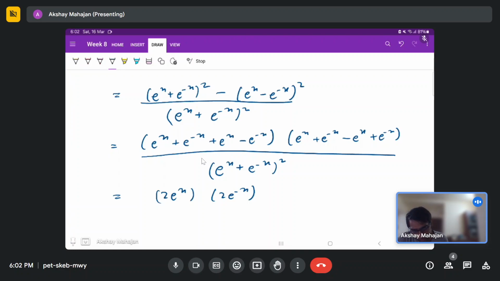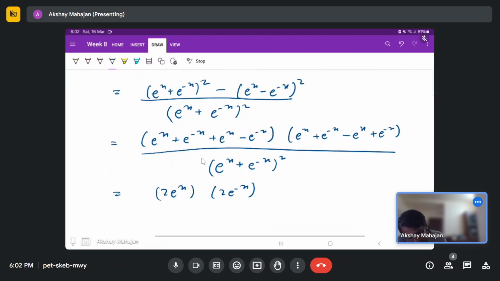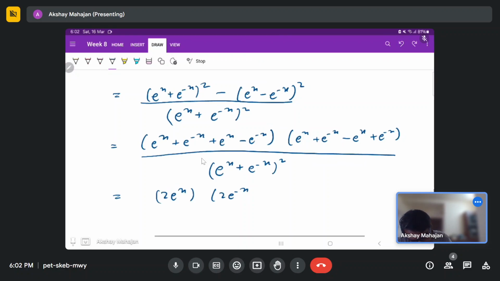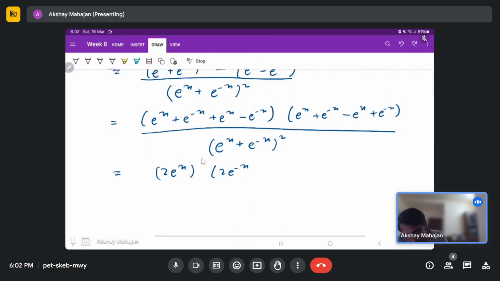Okay, sorry about that. So you will get this (e to the power x plus e to the power minus x) whole square in the denominator.